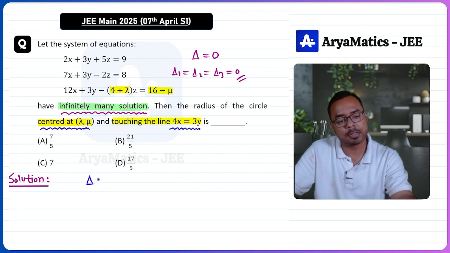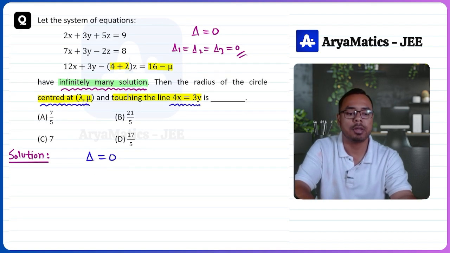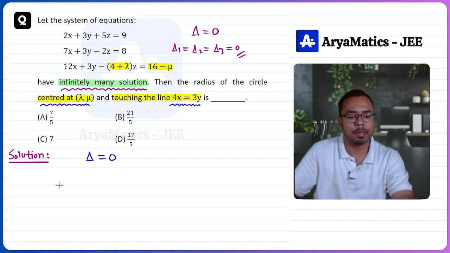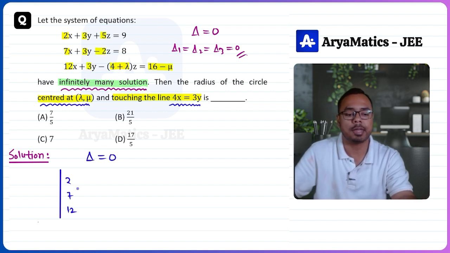For infinitely many solutions, the determinant of the coefficient matrix must be 0. That means in the first column, we'll have 2, 7, and then 12. Right, that should be the first column of the coefficient matrix. Coefficient matrix means these numbers 2, 3, 5, 7, 3, minus 2, and then we have 12, 3, and minus 4 plus lambda.